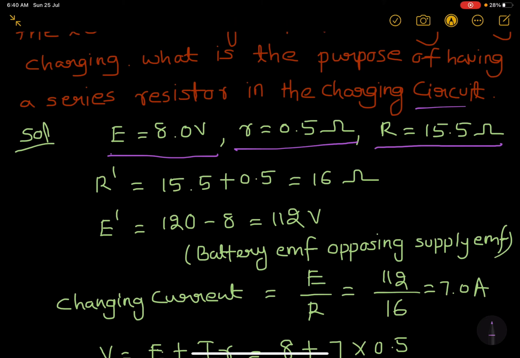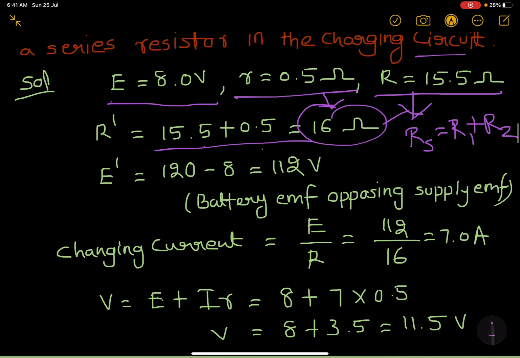This resistance and the cell internal resistance are connected in series, so R equals R1 plus R2, 15.5 plus 0.5, which gives 16 ohms. The cell EMF E is 8 volts, but for the new EMF of the circuit, E dash, 120 minus 8 gives 112 volts.